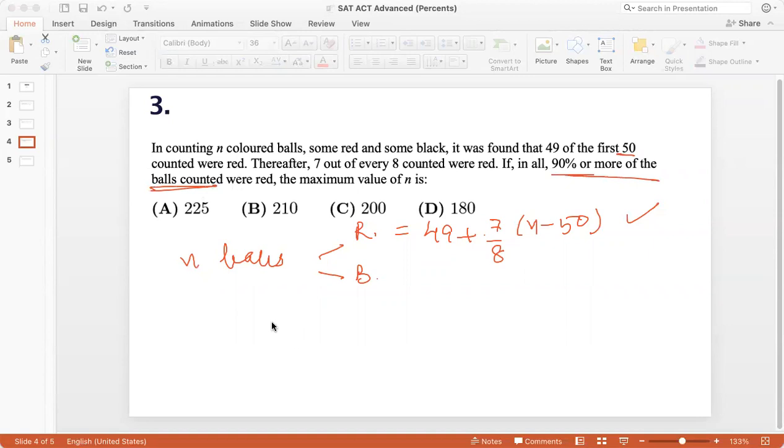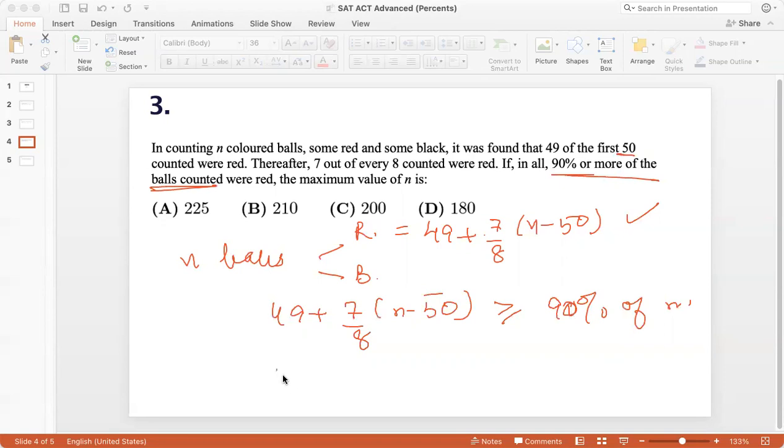So that is to say 49 plus 7 by 8 times n minus 50 should be greater than or equal to 90% of n, right? Because the total number of balls is n and 90 or more percent is red.